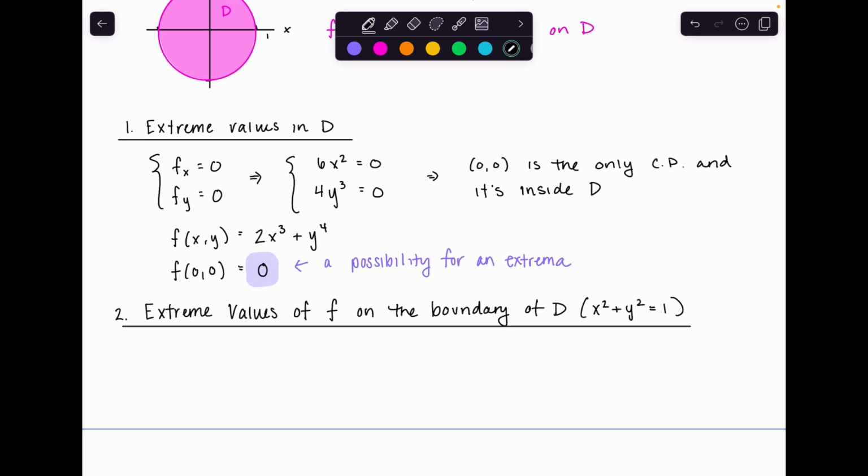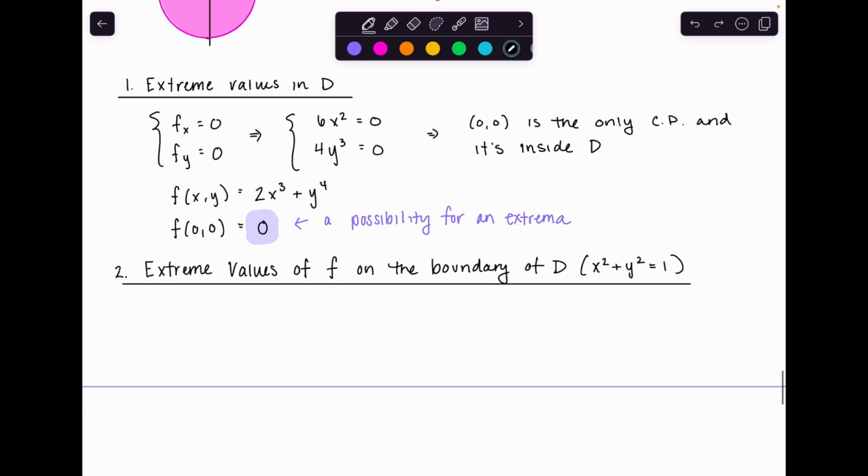So what I need to do here is guarantee I'm only searching the boundary, but I am still evaluating this function. So I need to figure out a way to guarantee I'm on the circle of radius 1. And you can hopefully think of an easy way to parameterize this.